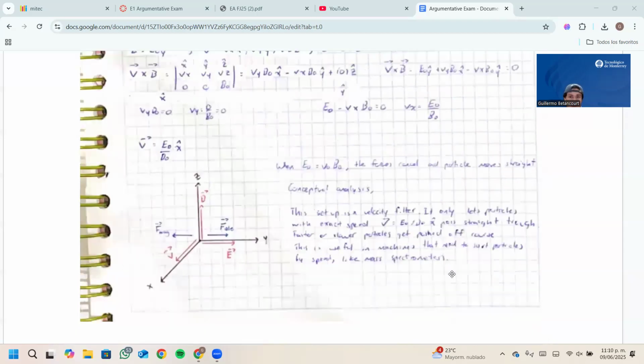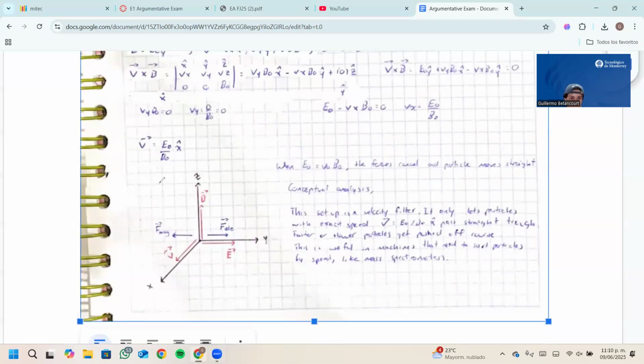So now this is our final result with our diagram, where we know that velocity is going in the x direction, magnetic field is going in the z, the electric field is going on the y. We know that electric force is going on y.